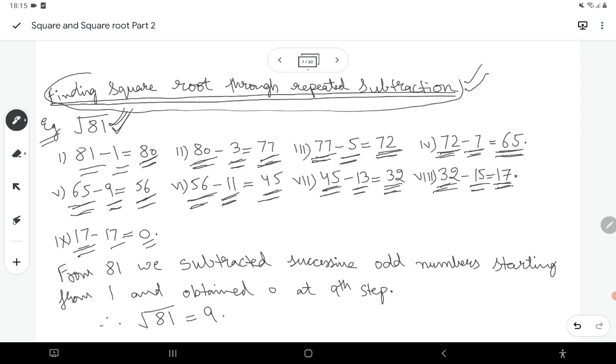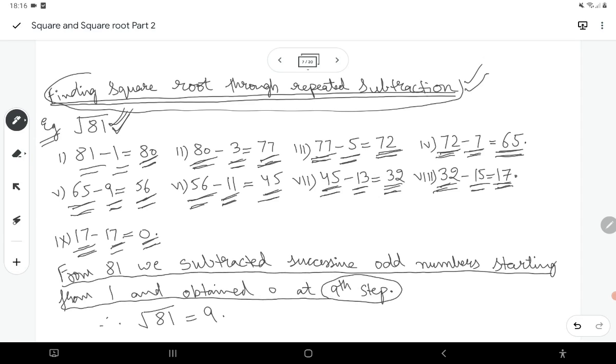And finally 17 minus 17 is equal to 0. So from 81 we subtracted successive odd numbers starting from 1 and obtained 0 at the 9th step. So the square root of 81 would be 9.